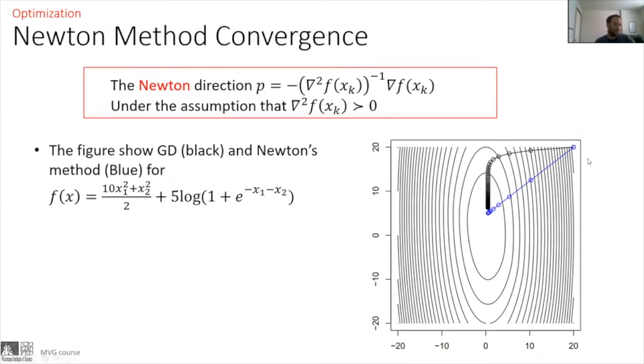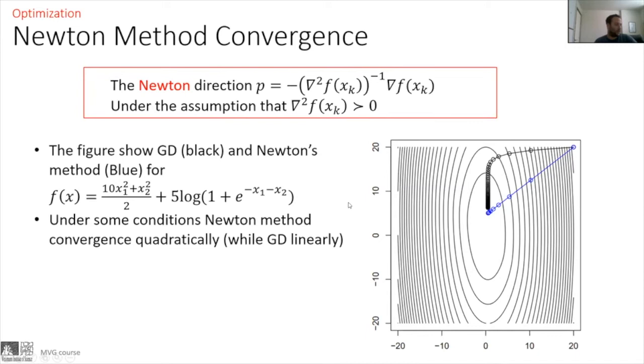And the Newton method goes in a straight line into the global minimum, so it converges faster. So in general, as I mentioned before, under some assumption, the Newton method converges quadratically, while gradient descent converges linearly.